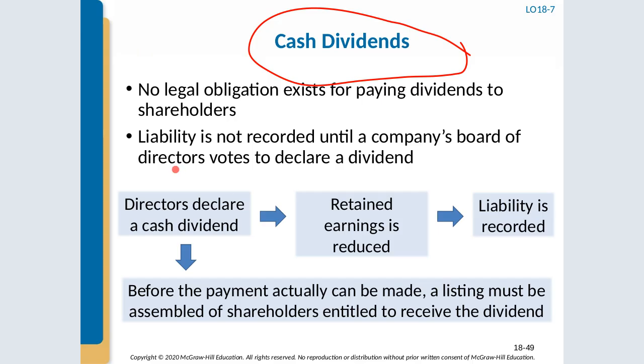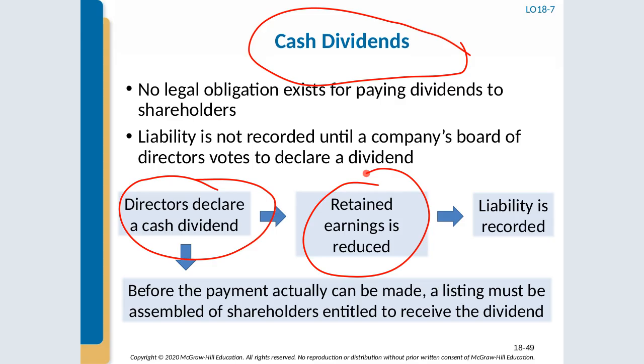Okay, and so we need to pay attention to when the dividends are declared, because we're going to need a journal entry for that. That's when the corporation has the obligation to pay its shareholders once it declares the dividends, right? So we're going to have to do the journal entry for that. And then retained earnings are going to be reduced. Dividends come out of retained earnings. And until the dividend is paid, we're going to have a dividend liability.